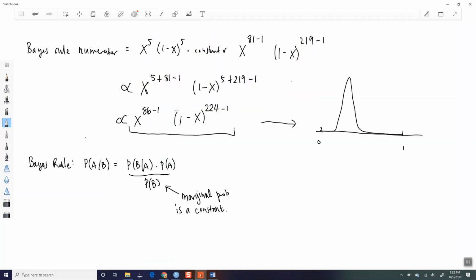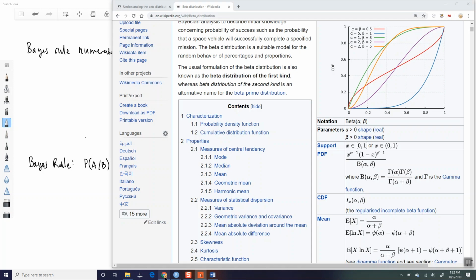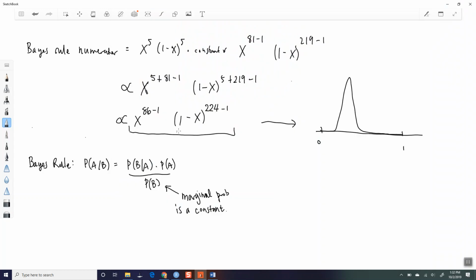And it's just that we have a constant. The reason I left the minus 1s is because in the beta distribution we have a minus 1. So whatever this is, it's proportional to a beta distribution with shape parameters 86 and 224.